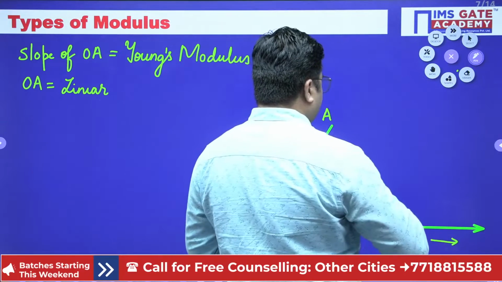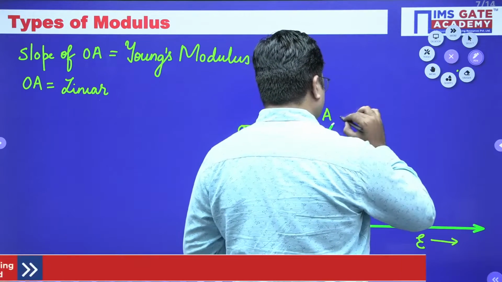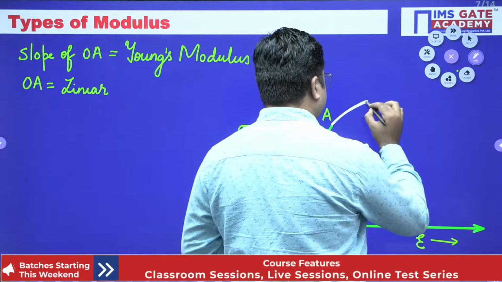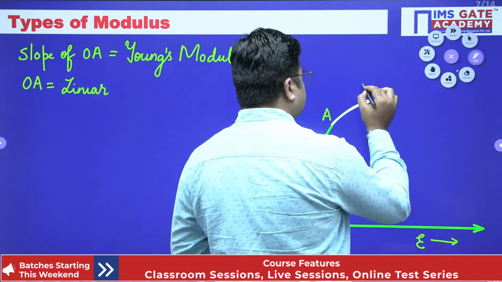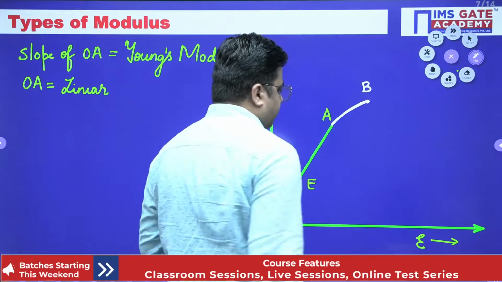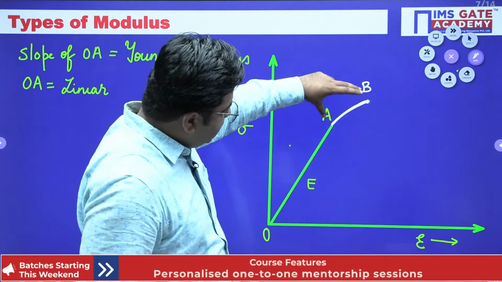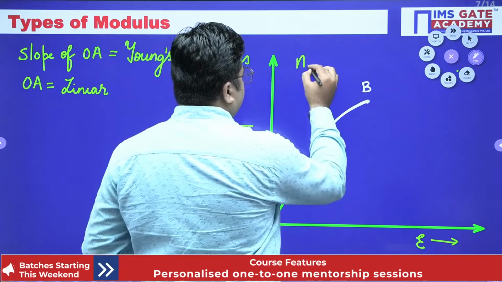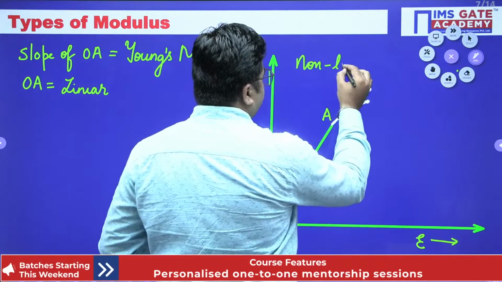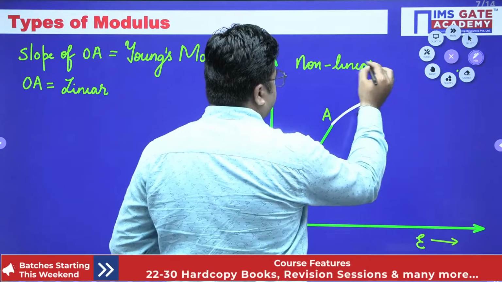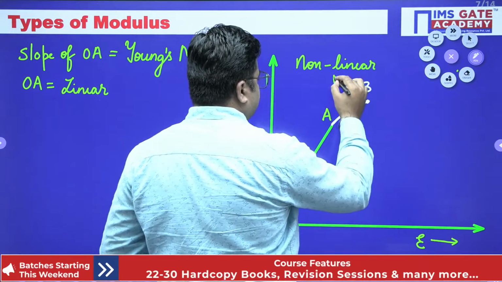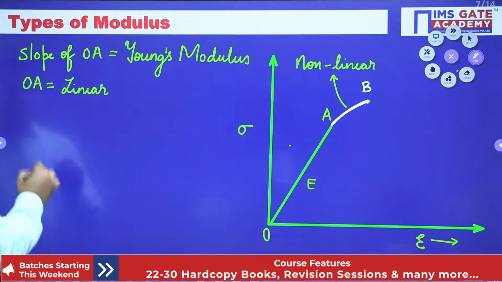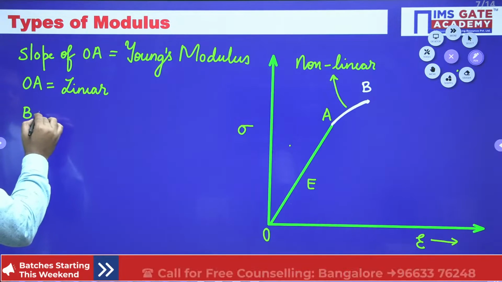This AB is the non-linear part of the curve, and B is my elastic limit.